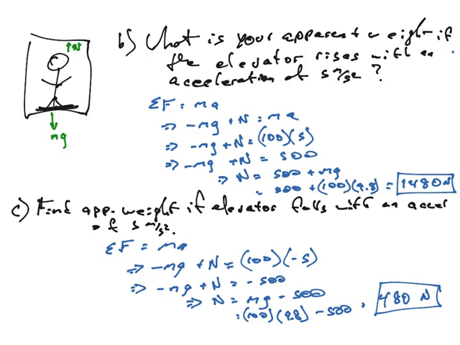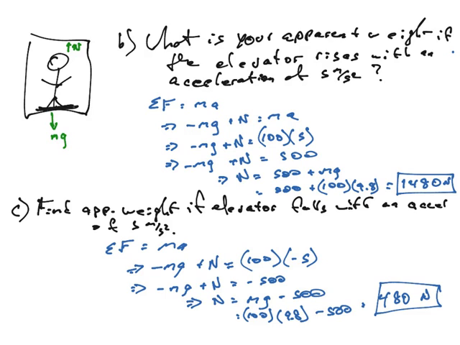So I would assume the weight scale would think I don't weigh as much as my true weight. Here, mathematically, my true weight is 980. The math says my apparent weight is only 480. So indeed, this matches. My apparent weight is less than my true weight because the elevator is moving downwards with an acceleration.